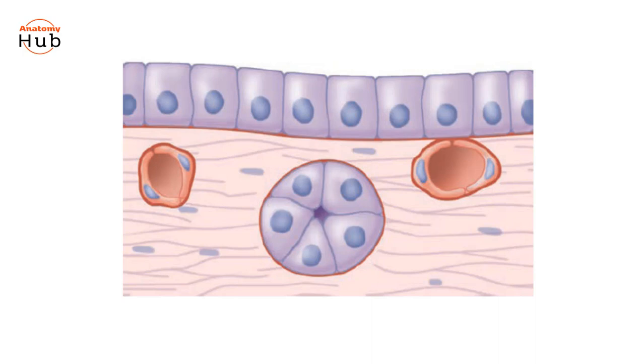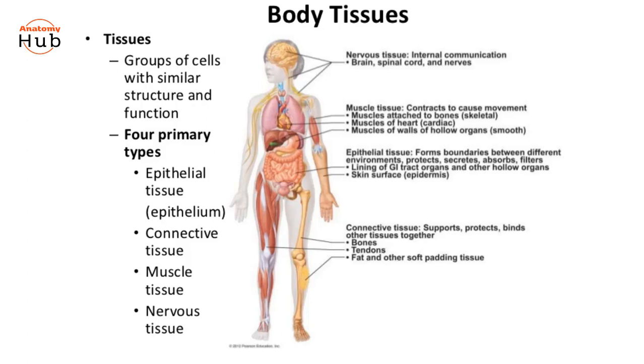Epithelia is derived from the Greek word, epi meaning upon and thelí meaning nipple, right? So epithelia line all external and internal surfaces of the body, and all substances that enter or leave an organ must cross this type of tissue.